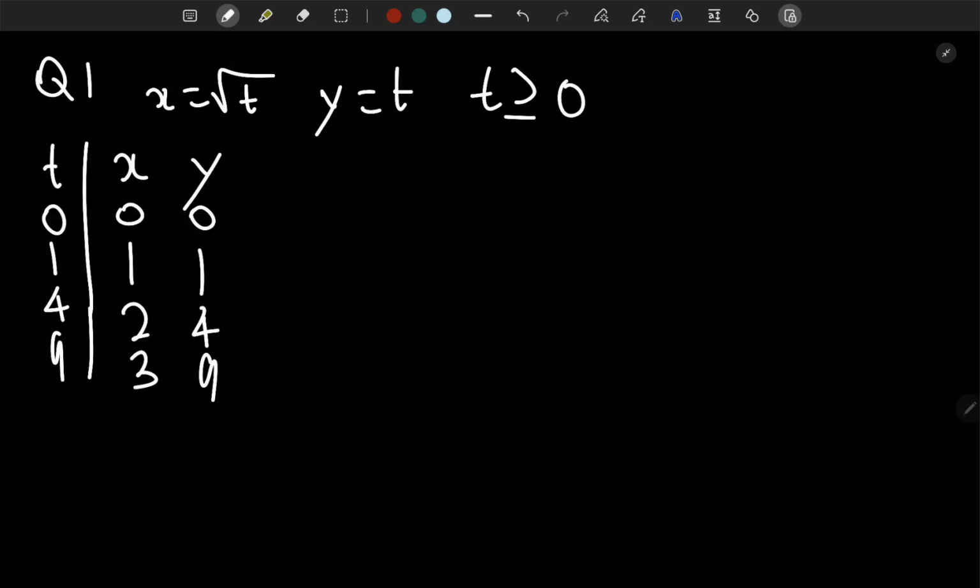So now we have the values. Now let's draw a grid, and remember that t is always more than or equal to 0.